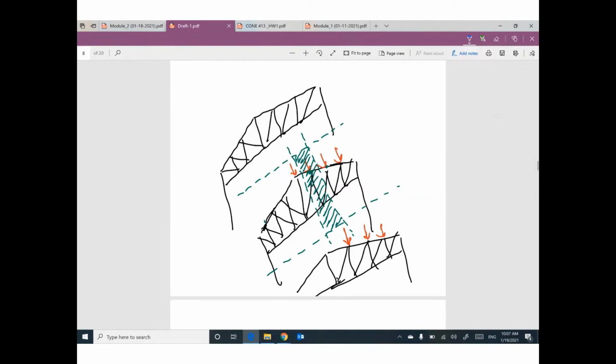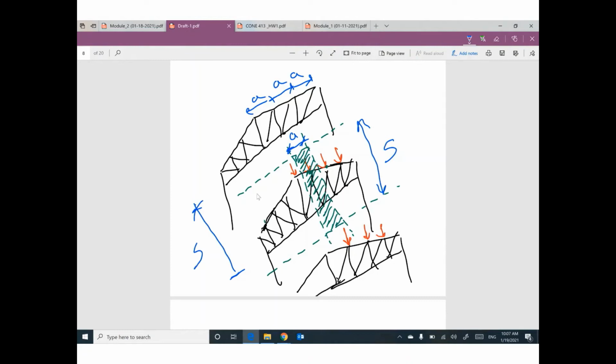Yeah, I can tell you. This distance will be spacing S. This distance will be distance A. Because the distance A is the distance between each joint, and the distance S is the distance between each main system.